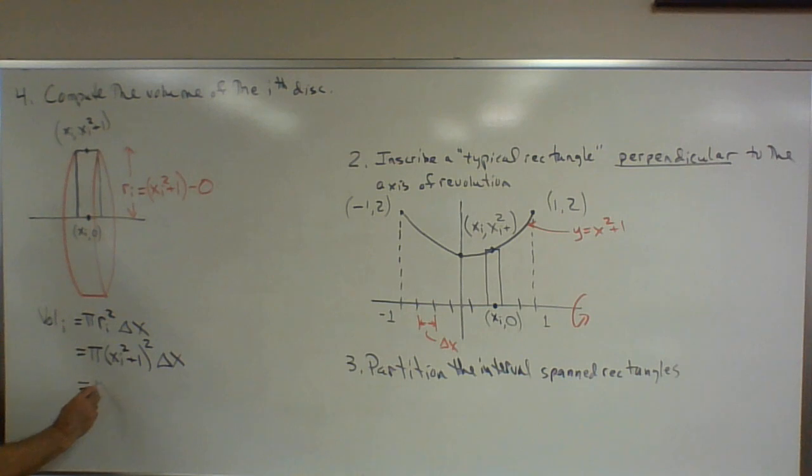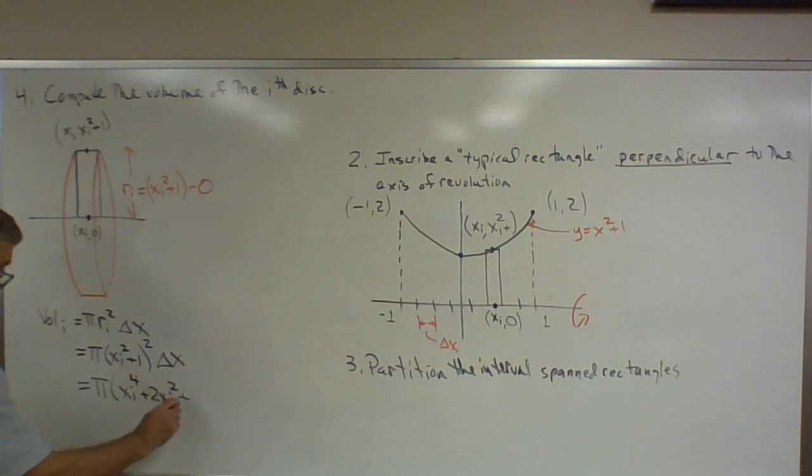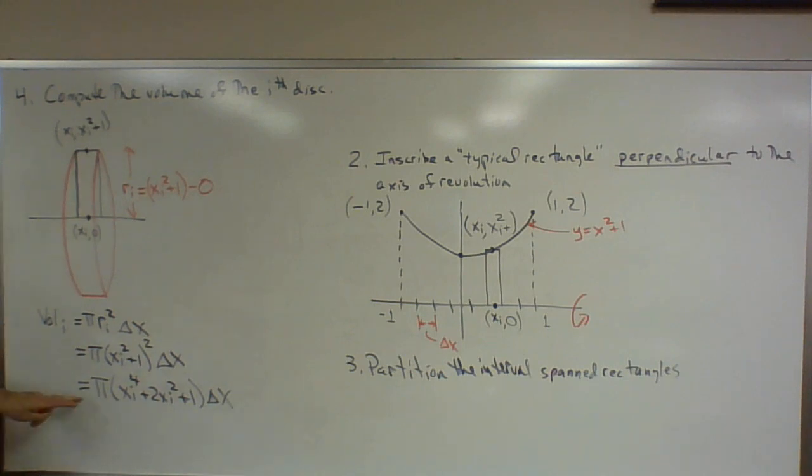And what do we get here? Pi times x sub i to the 4th plus 2 x sub i squared plus 1, delta x. Okay. There's the volume of my ith disk.